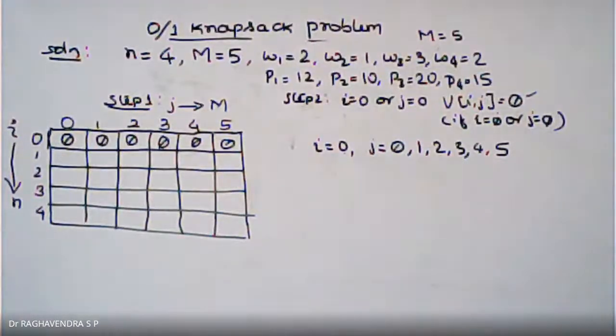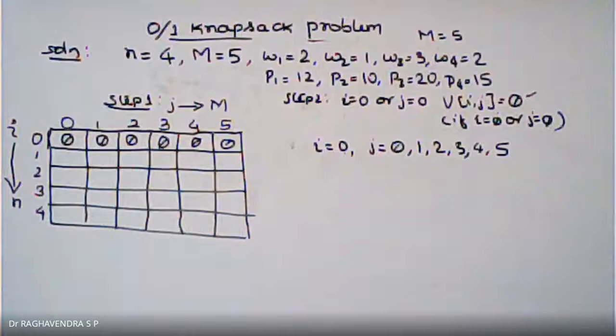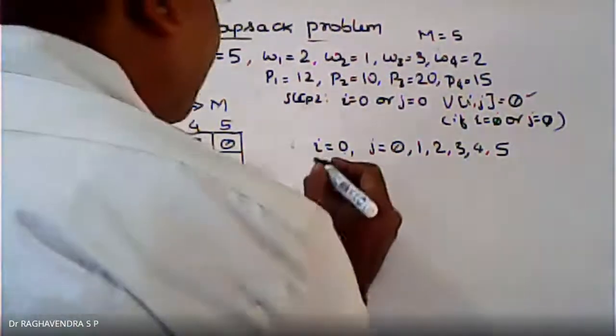There is no knapsack. Close the bracket. When J is equals to 0, that is, remaining capacity is 0, irrespective of the number of objects.